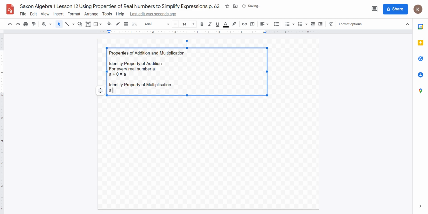A times 1 equals A. Okay, so either of these arithmetic operations will result in the same number that we started with, adding 0 or multiplying by 1. Now, don't get these confused. Obviously, multiply by 0, you get 0. That's not an identity property. That's a zero property.